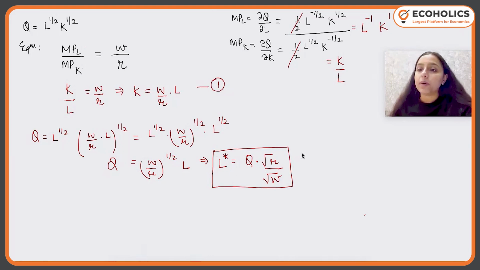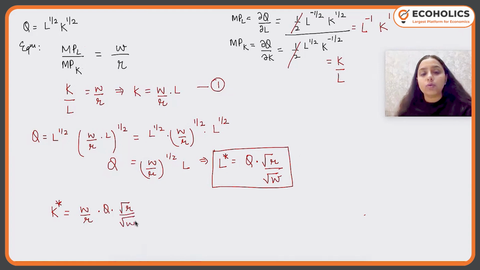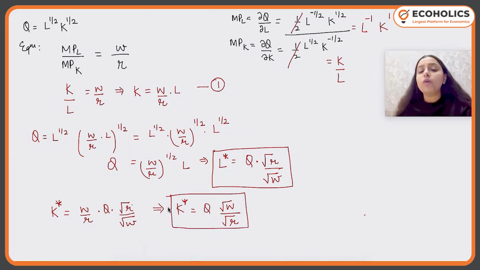Now, if I put this L value back into my equation 1, I'm going to get the optimized value of K. So I would get W by R into L, which is Q under root R divided by under root W. So W and W will cancel here, and under root R and R will cancel, so I'm going to get Q under root W upon under root R. This is the optimized value of K.